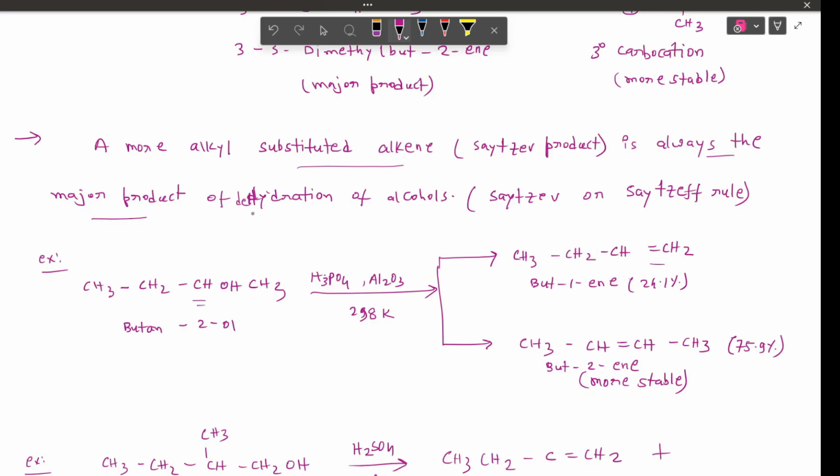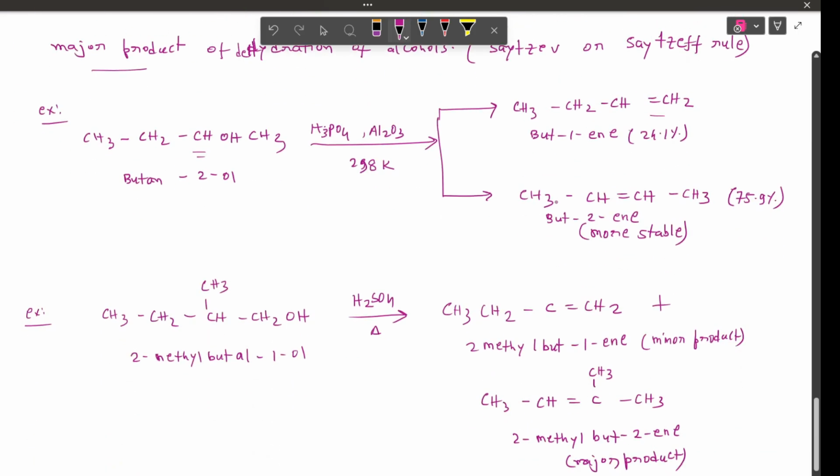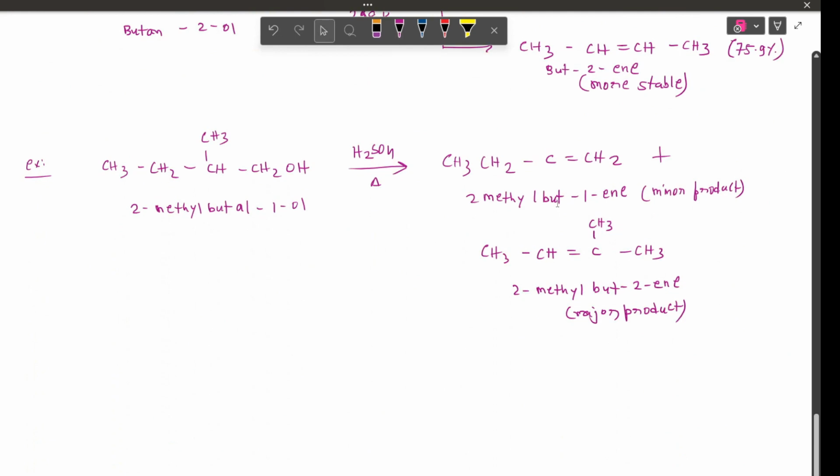Okay, dehydration of alcohols, more substituted alkene. So let me revise once again.